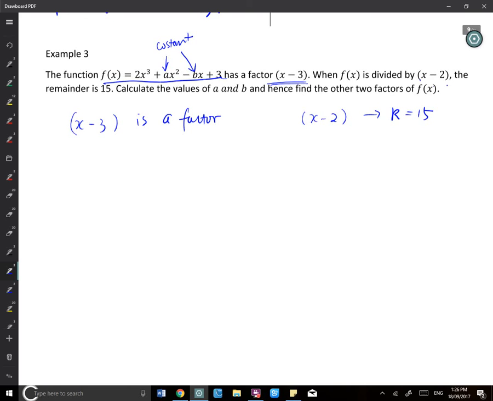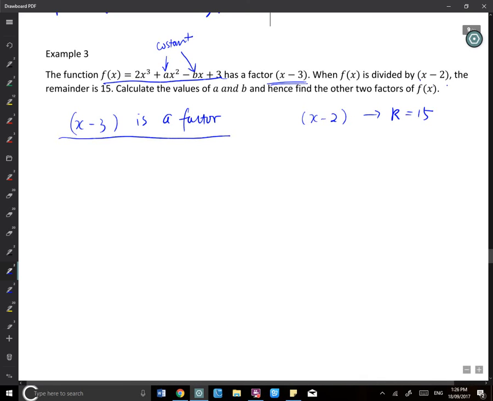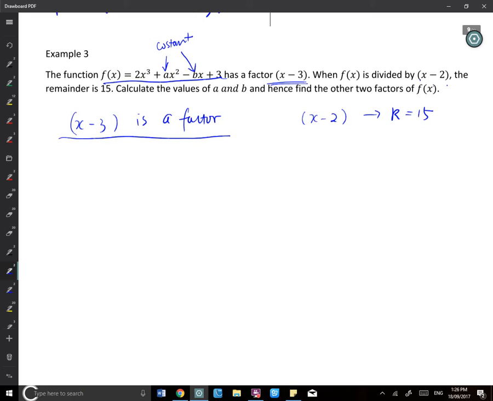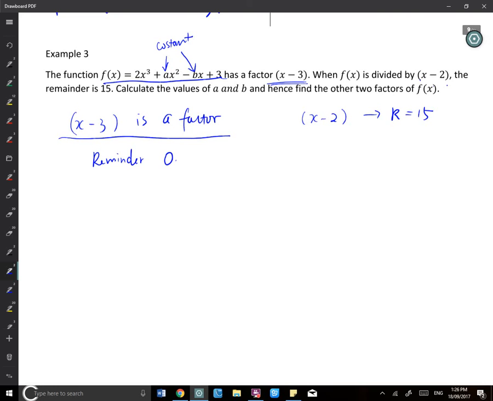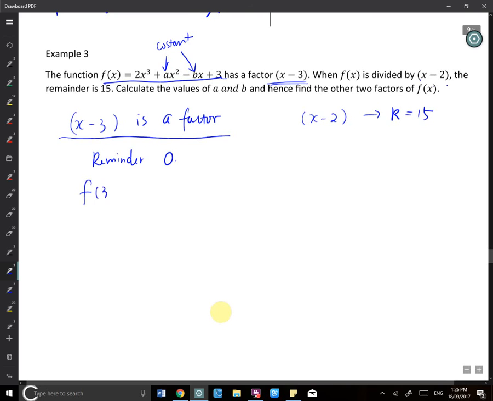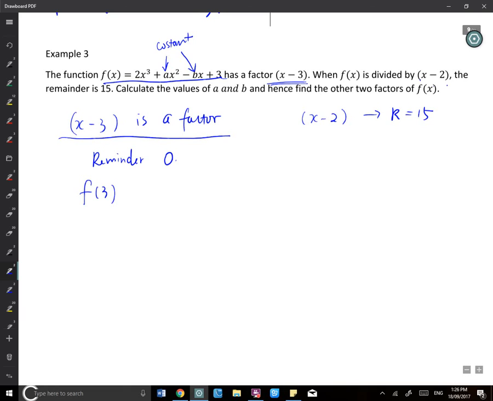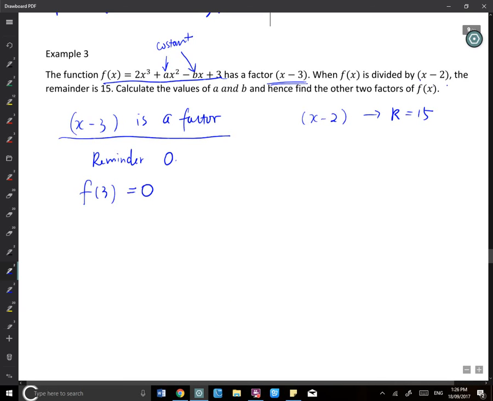What you can purely tell from x minus 3 is a factor: remainder 0? Yes, remainder 0. And what else? Yes, f(3) is the remainder, and because there's no remainder, f(3) will be 0.